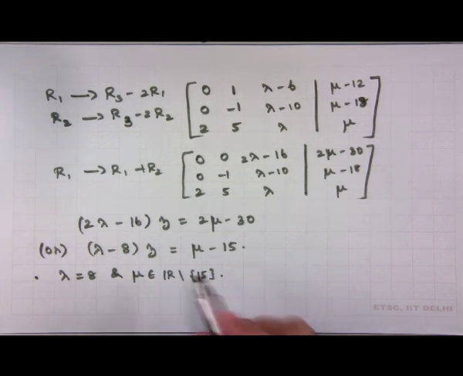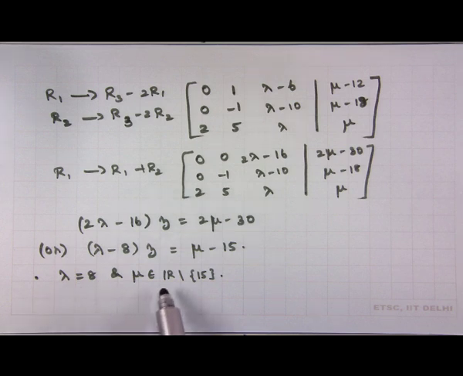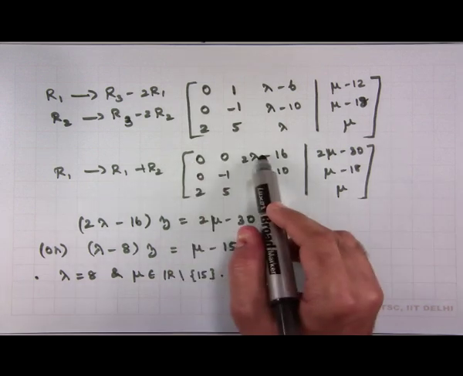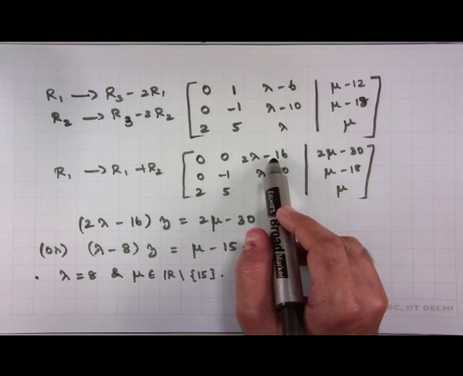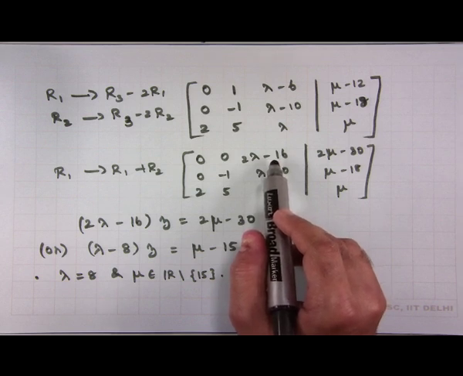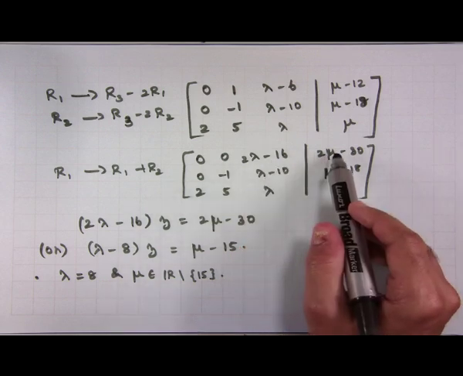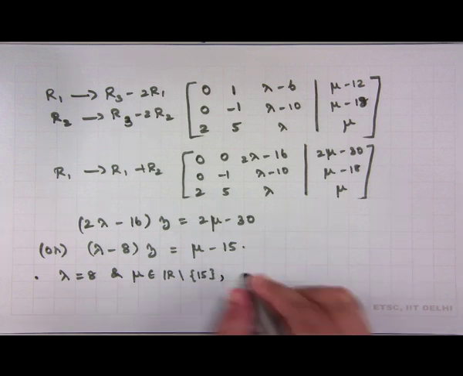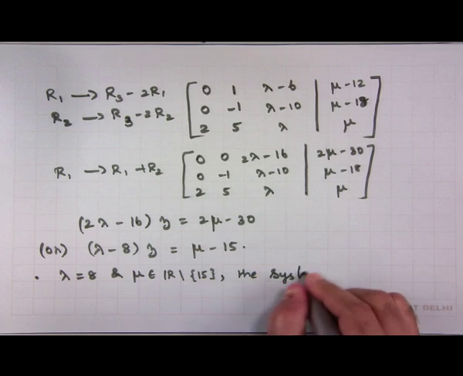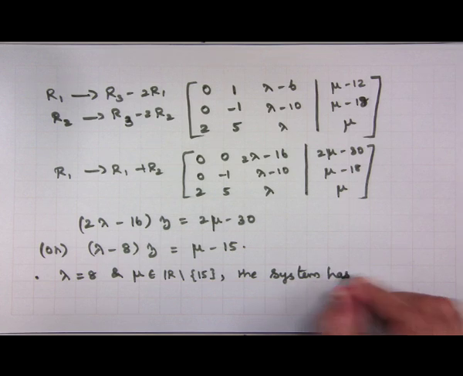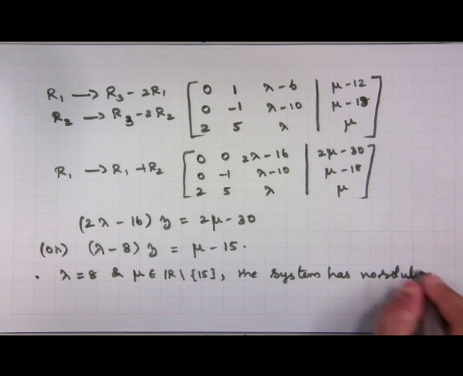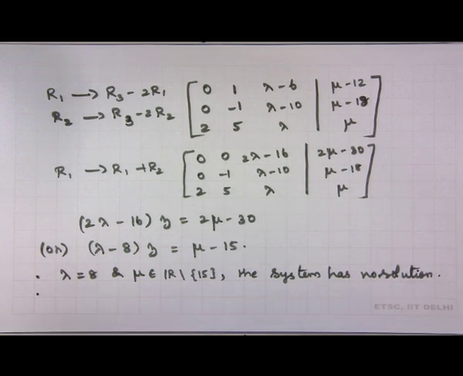You can notice that you have 0 in the last row of the coefficient matrix, but there is going to be a non-zero term on the right hand side, which means the system has no solution.